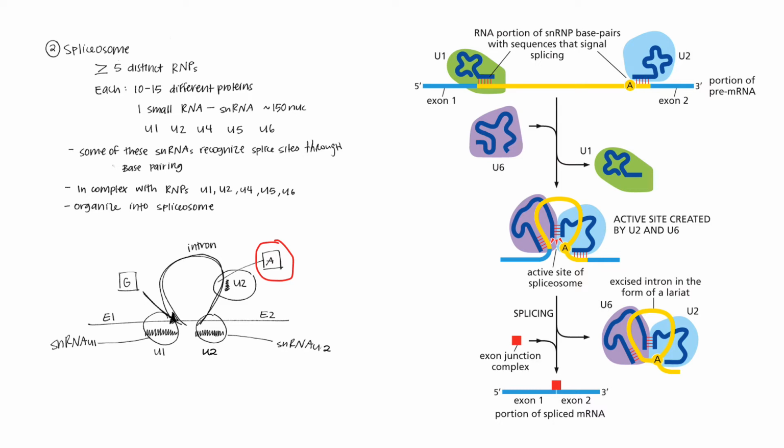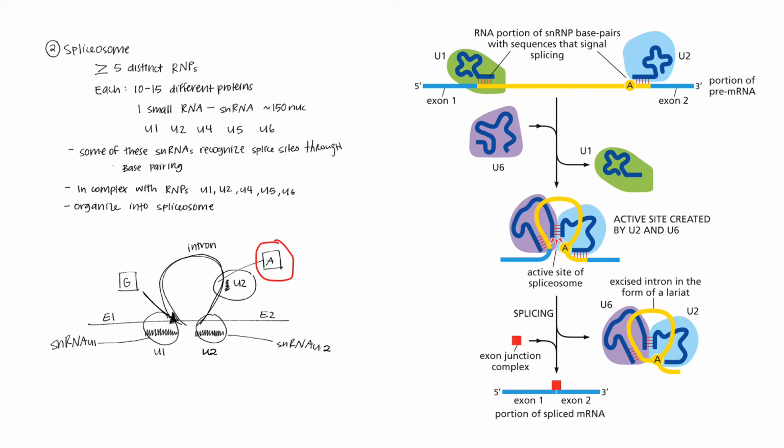Each one has 10 to 15 different proteins, and eventually they all come together. So we're talking about well over 50 to 75 proteins in a single spliceosome, and each one contains a small RNA, which is referred to as a small nuclear RNA of around 150 nucleotides.